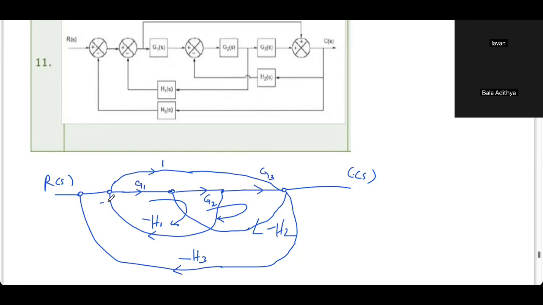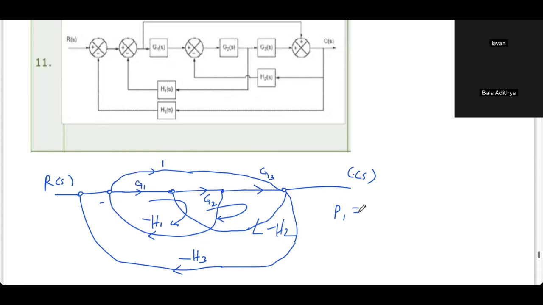Yes, sir, four loops are there. And how many forward paths? Two forward paths, sir.